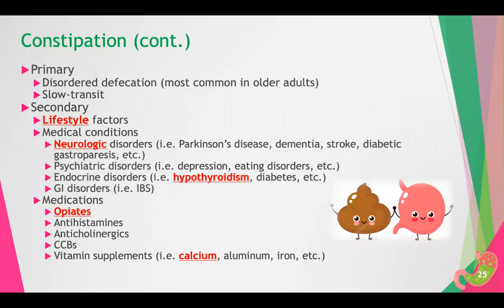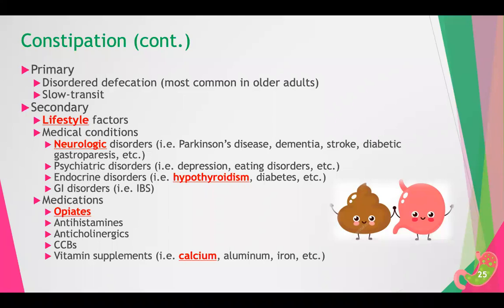So with constipation, there are 2 types. There is primary constipation, which is considered disordered defecation, and this is the most common in our older adults. What happens in primary constipation, the disordered defecation, is the pelvic floor relaxation and the sphincters are not coordinated enough for them to be able to use the bathroom.